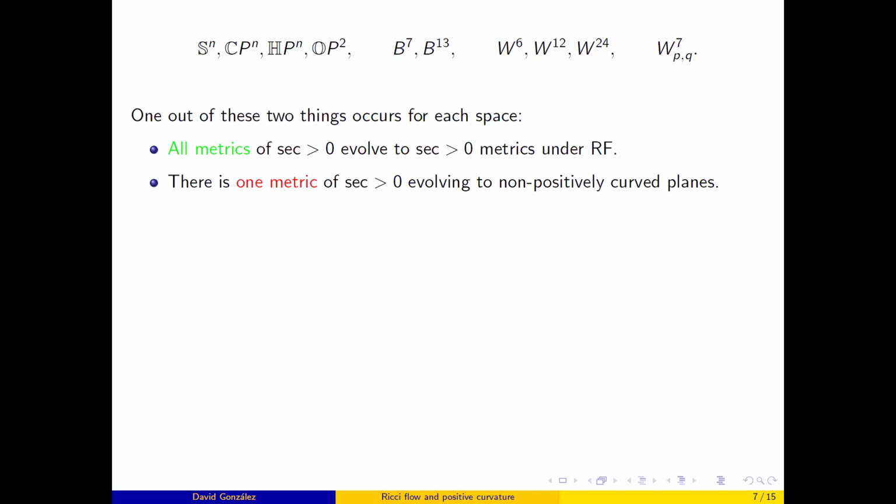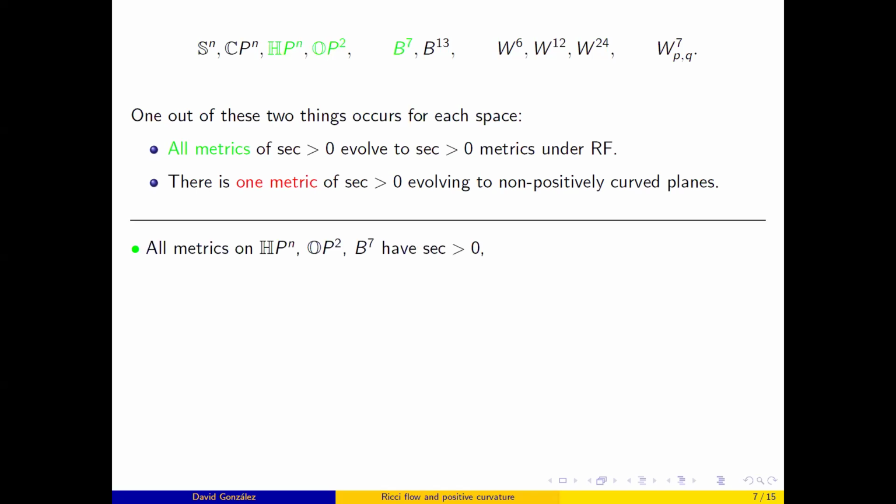So first of all, some of these spaces only have metrics of positive curvature, like homogeneous metrics, right? From now on, when I speak about metrics, I always mean homogeneous. So all metrics have positive curvature. So if you run the flow, you stay in positive curvature. So concerning this question, there's nothing to do.